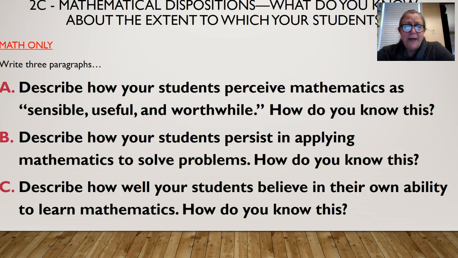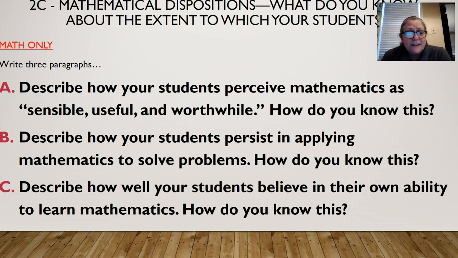Do they think of math as sensible, useful, and worthwhile? And if you believe that they do, what do you base that on? So you could actually ask your students this, in a mathematical survey, or you could go around and interview them, or do some kind of little group thing where you talked about math.